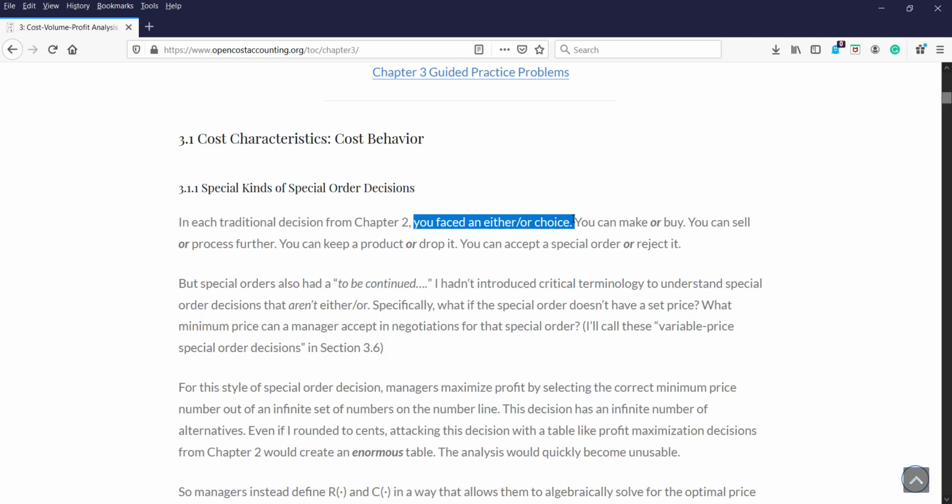So if you get 7 columns, 12 columns, 50 columns in your relevant cost analysis table, it becomes less and less useful. So CVP analysis is especially useful when the situation really begs for more than 2 options, more than a handful of options. And so we consider a continuous space in CVP analysis, with literally an infinite number of possible outcomes along the number line.